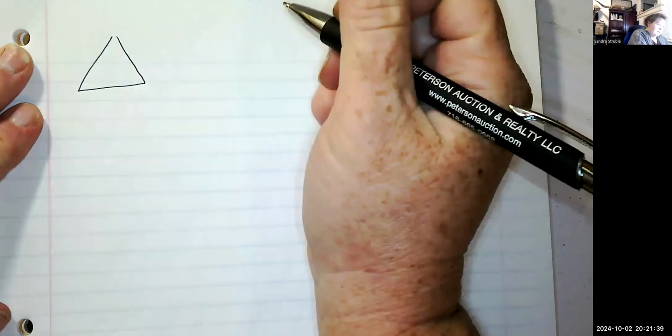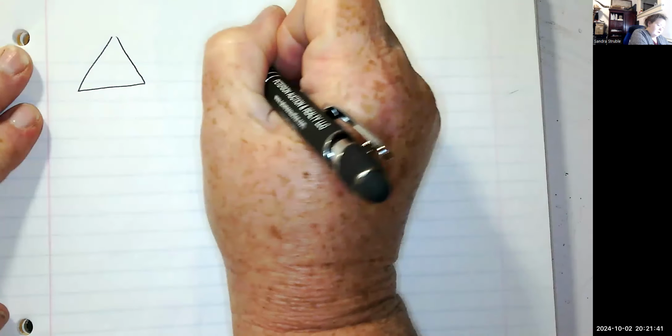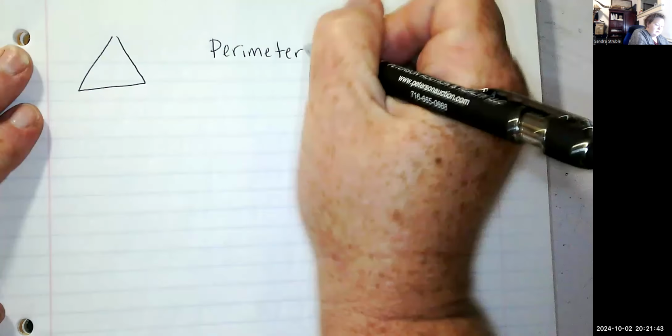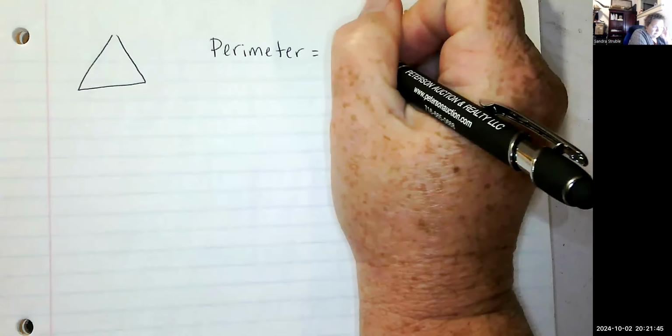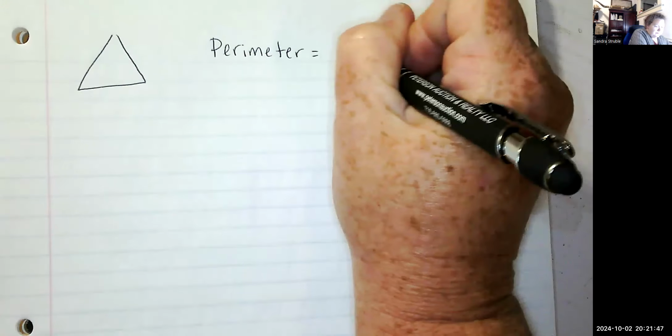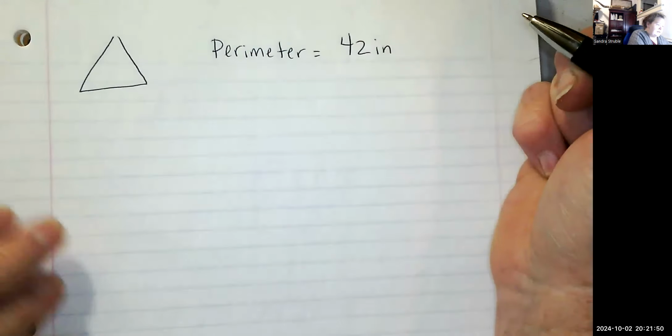Not even or odd, just consecutive integers. Okay. If the perimeter of a triangle is equal to 42 inches, find the lengths of the sides.